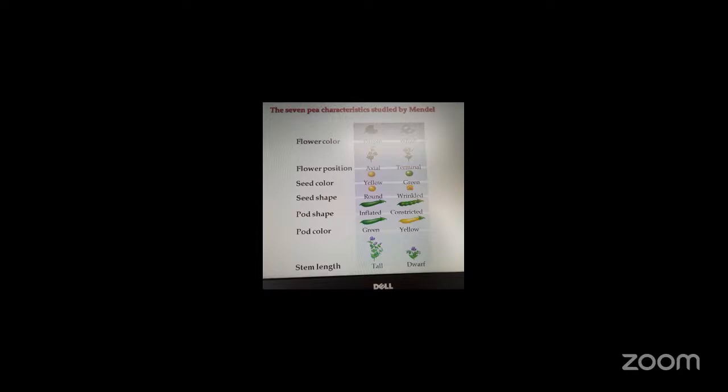In the F2 generation, the ratio of dominant and recessive characters, the phenotype and genotype ratio, is 3 to 1 for flower color, 3 to 1 for seed color, and so on.